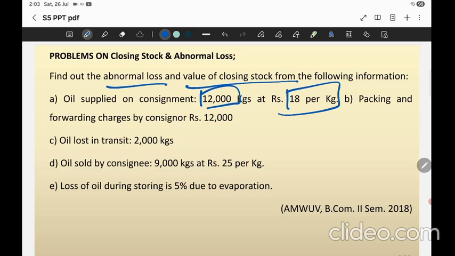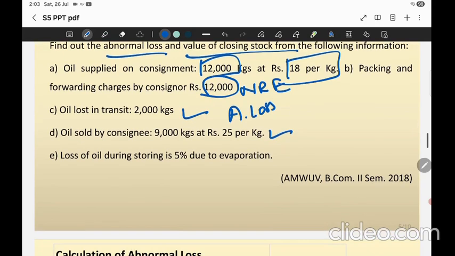The packing and forwarding charges are 12,000. This is non-recurring expenses. Oil lost in transit is 2000 kgs, that is abnormal. Oil sold by the consignee is 9,000.